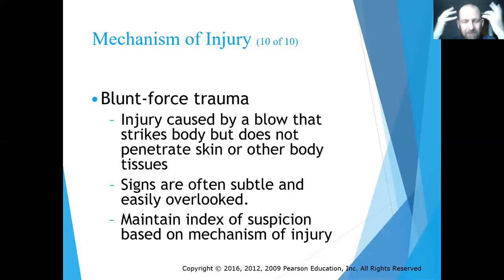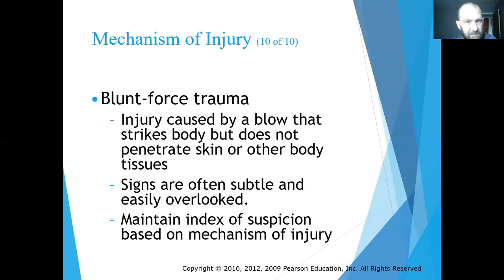It's not always just what we see, because sometimes some of these internal injuries don't show up for a little bit. So maintain a high index of suspicion that there are more injuries. And maybe we can figure this out by seeing skin condition or mental status changes, right? Maybe they're bleeding internally and we're not quite seeing the signs outwardly of it yet, like bruising, but maybe we can see signs of compensation.